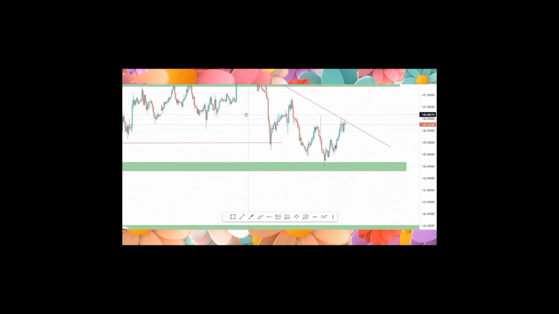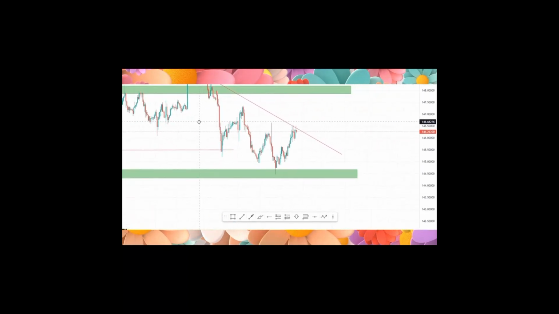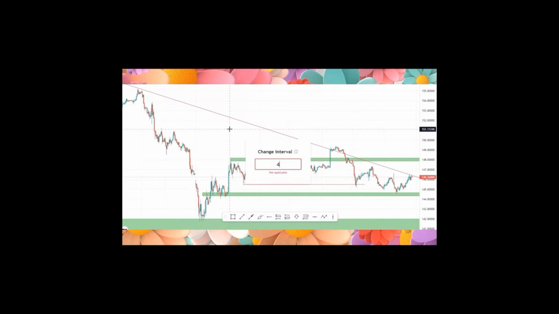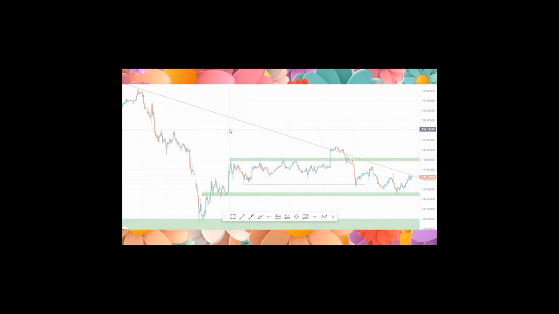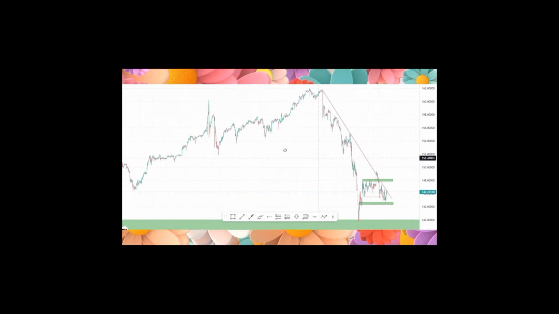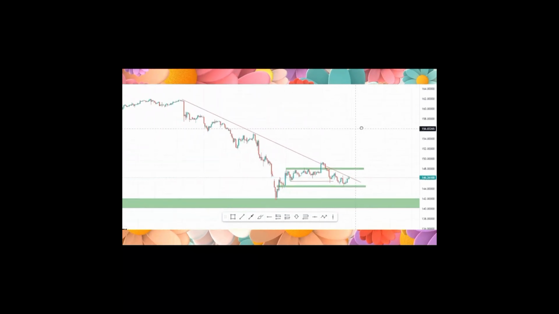Let me delete this one, and let's see how we can find entries. So we have found two possible areas that the market is moving in now, and it's time for us to see our predictions. Because to my understanding and experience, I don't think the market will just tap into this huge zone at the higher time frame once and start going to the upside.